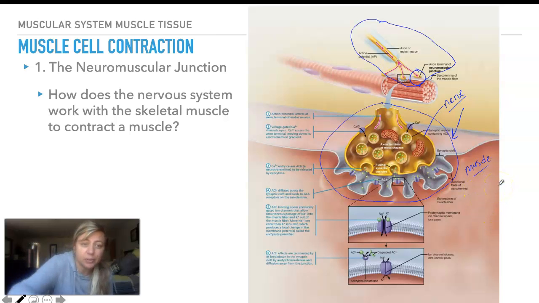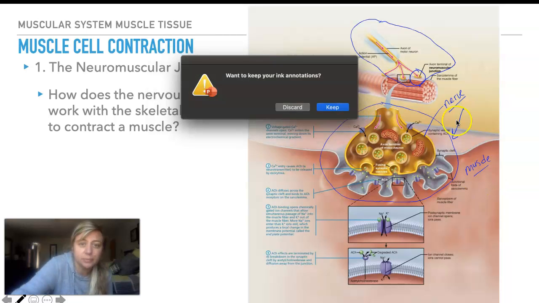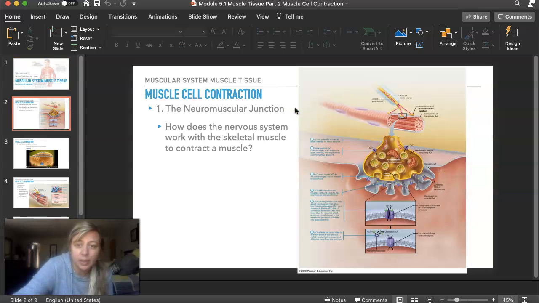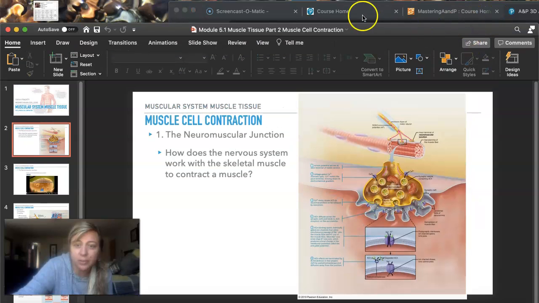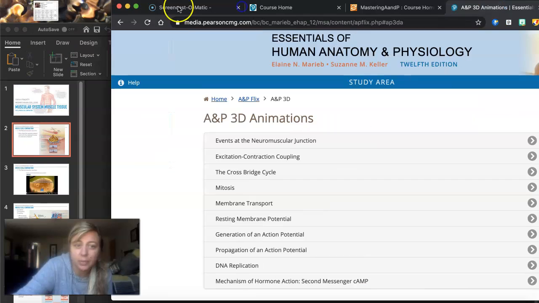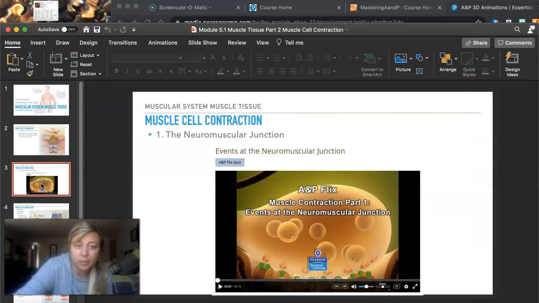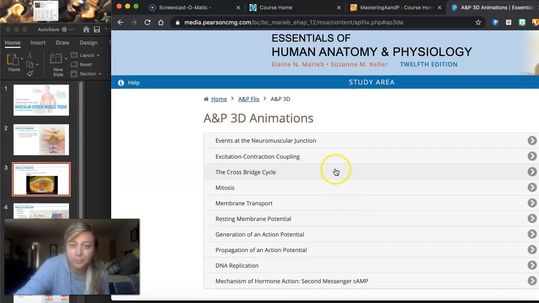So let me exit out of here, and we're going to go into the video clip. The video that we're going to be watching first is one of the AMP flicks. It's events at the neuromuscular junction, part 1.